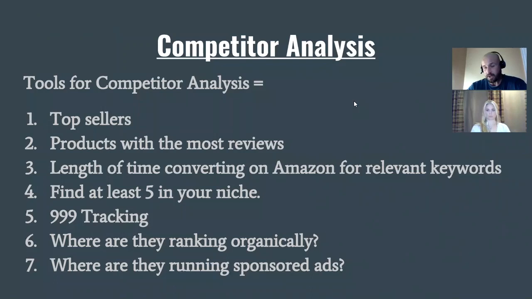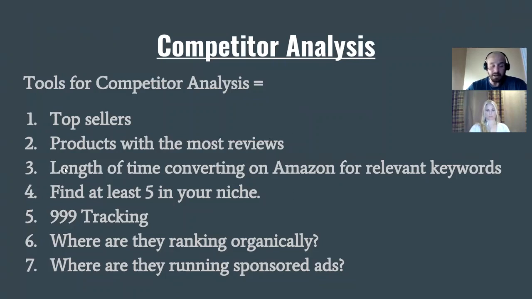We also went over this on the last webinar, which is looking for top sellers, products with the most reviews, and length of time converting on Amazon for relevant keywords. You want to find at least 5 or more top competitors in your niche.